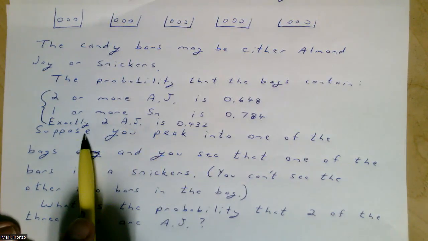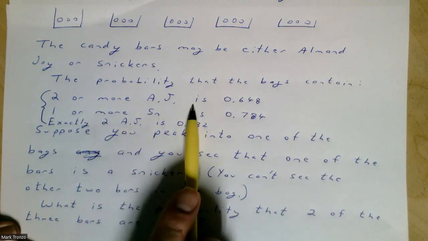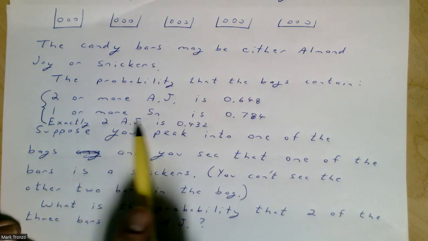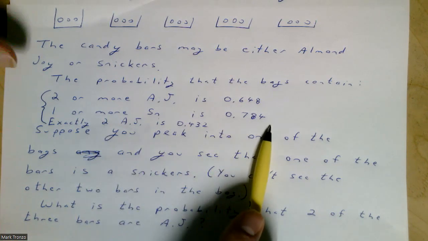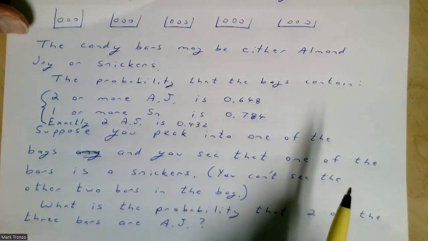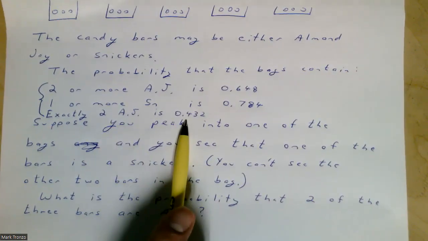We actually have all this stuff here. Now we know the probability of event A is 0.648. We know the probability of B is 0.784. And finally, the probability of exactly 2 is 0.432.